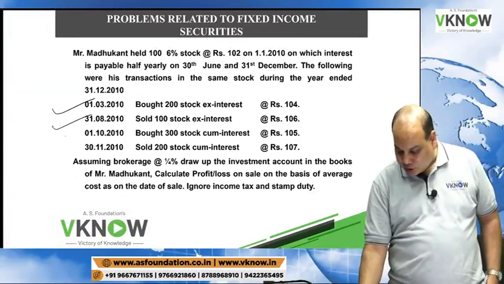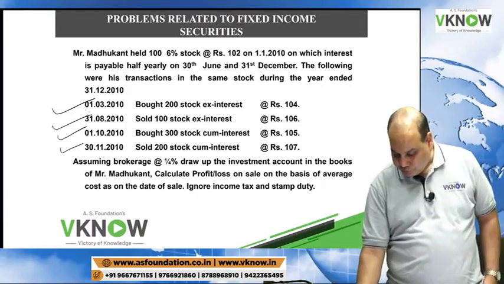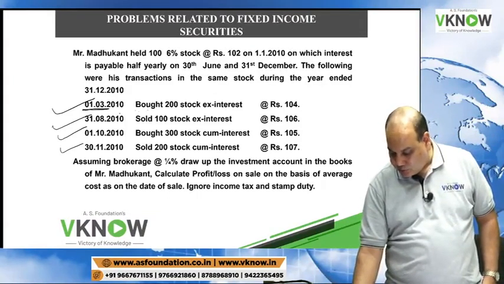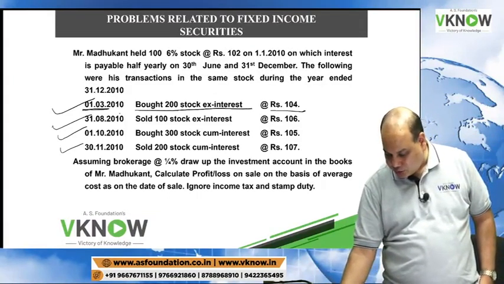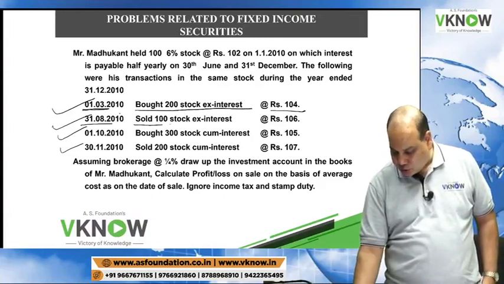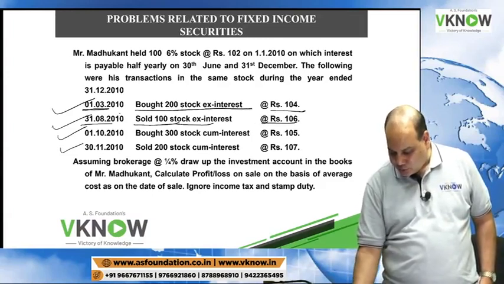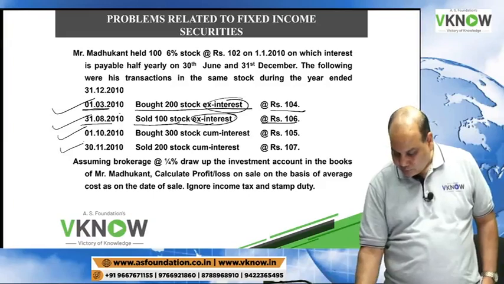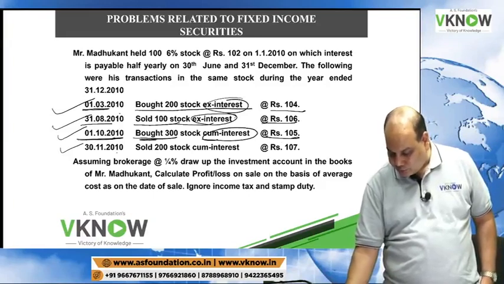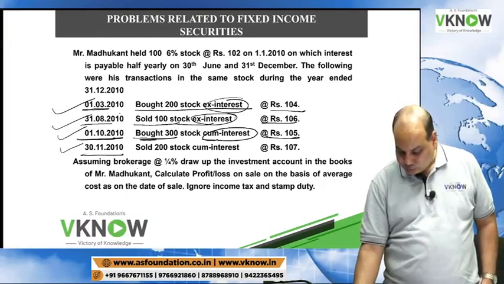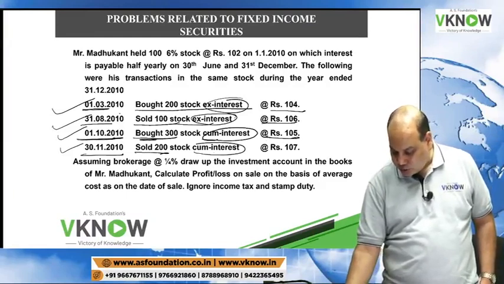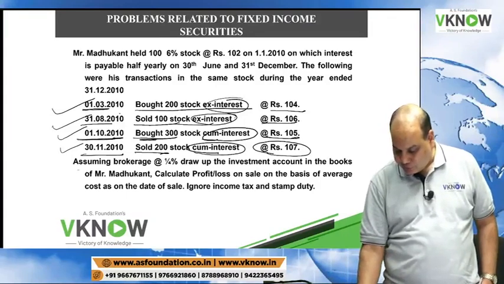Now there are four transactions given to you. 1st March 10 bought 200 stock ex interest. 31st August sold 100 stock at 106 ex interest. 1st October bought 300 stock cum interest 105. 30th November sold 200 stock cum interest 107.